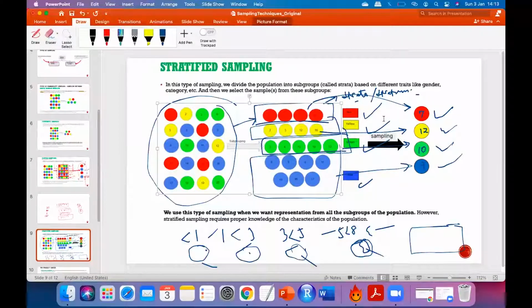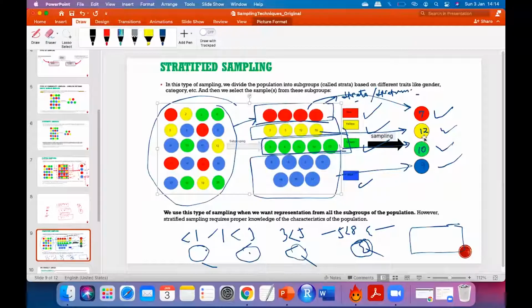It will again be homogeneous, which I don't want. So what I'll do is randomly select points from each stratum. Here I have selected only 1 point, but it depends upon how much you want. Let's say I want 8 points, so I can select 2 from here, 2 from here, 2 from here, 2 from here. Correct? Any confusion till here?